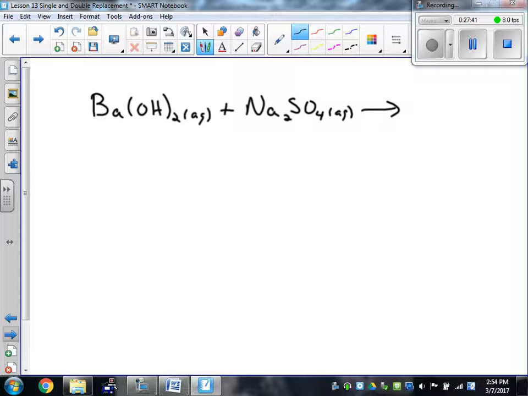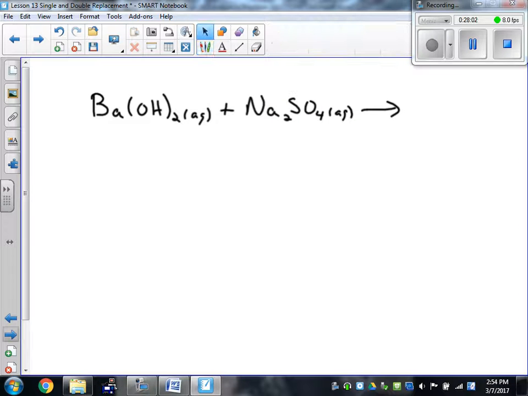And once again, we'll talk about the products here. Barium hydroxide, sodium sulfate. This could be a word equation as well, of course. So we could say barium hydroxide mixes with a solution of sodium sulfate. What are the products? Balance it, etc., etc.